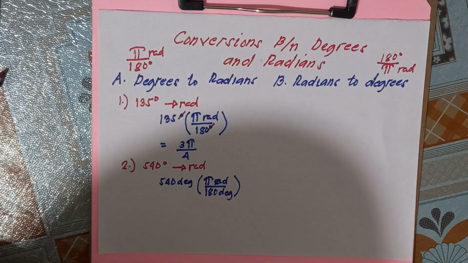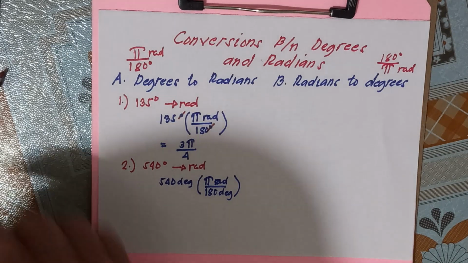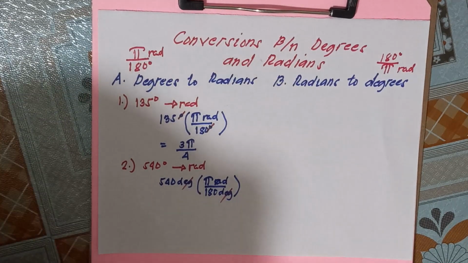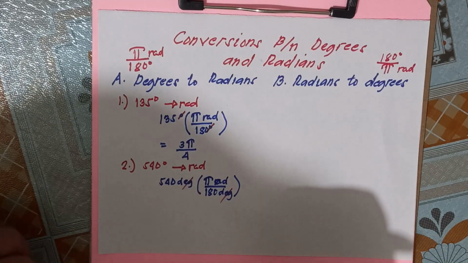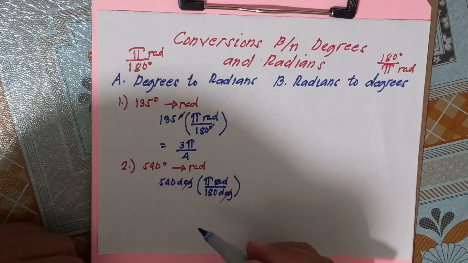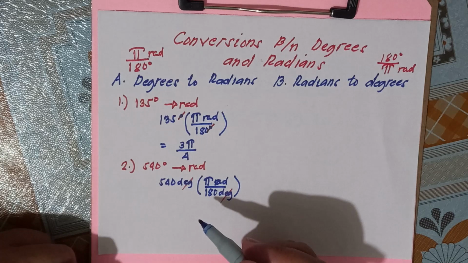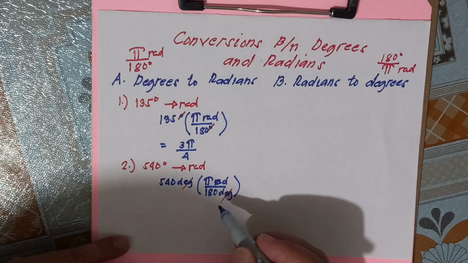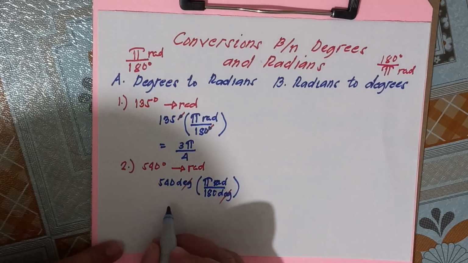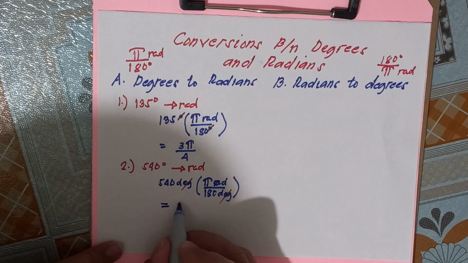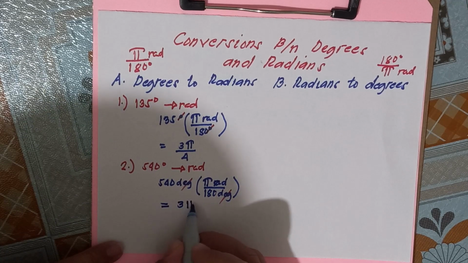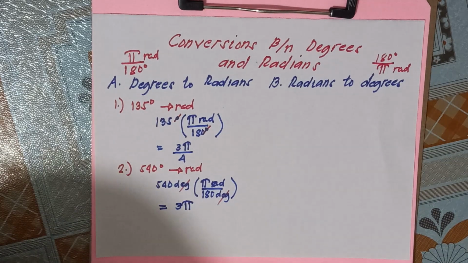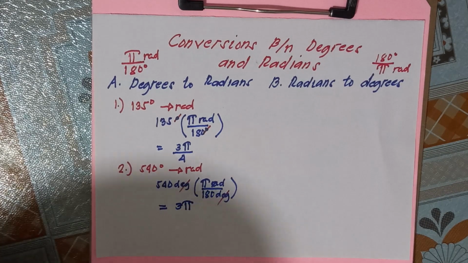For the sake of cancellation, I will be putting the degrees. Notice that when I do this, the degrees will always cancel out. And what will remain is 540 divided by 180, which is the same as 3 pi, or 3 pi rad.